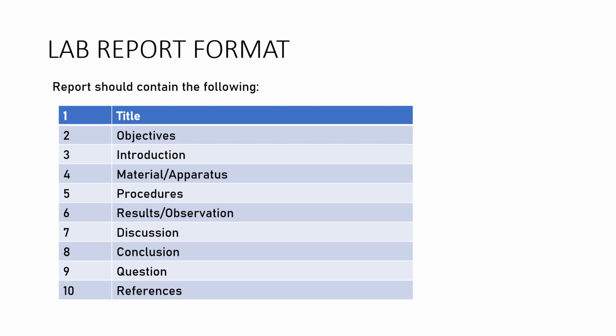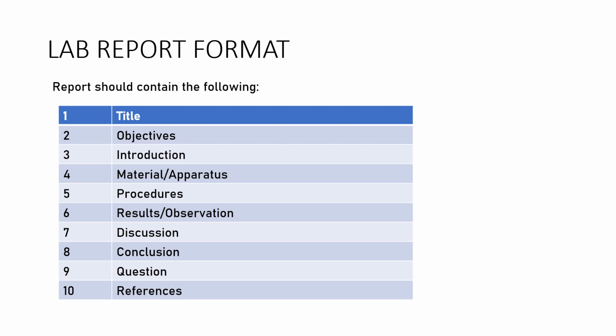How do you write the lab report? You should follow this format. The first one starts with title, which refers to the title of the experiment. Second, objective. Third, introduction. Number 4, material and apparatus. And 5, procedures.